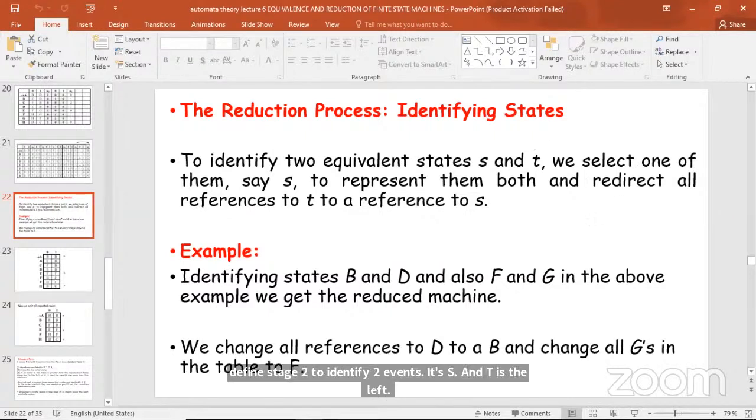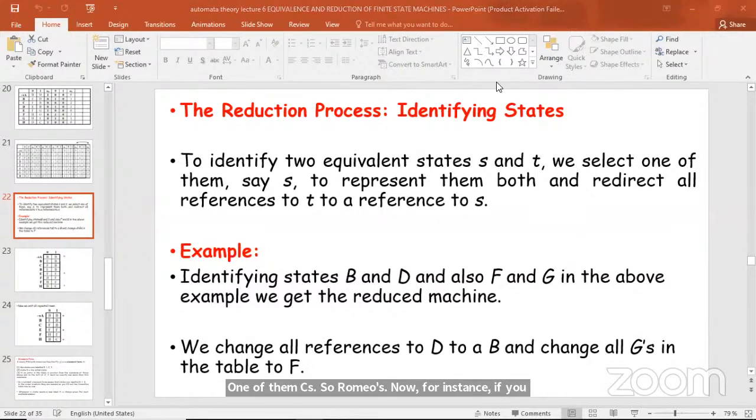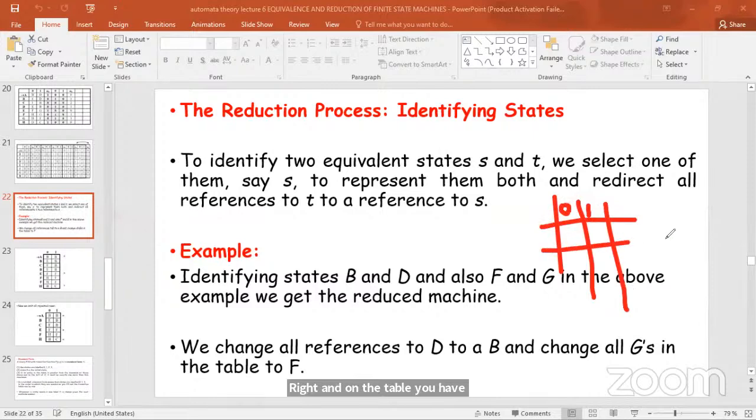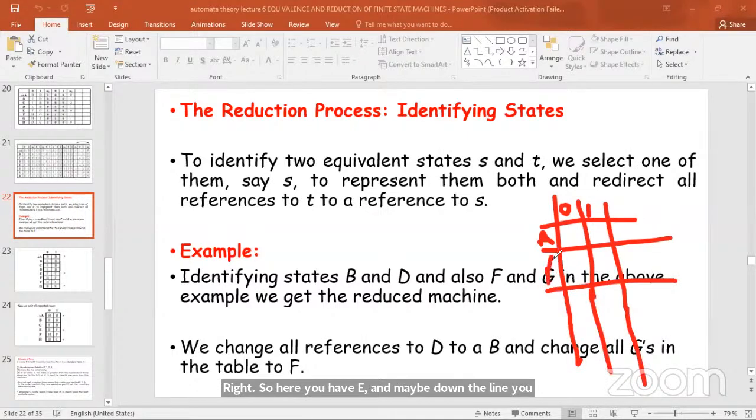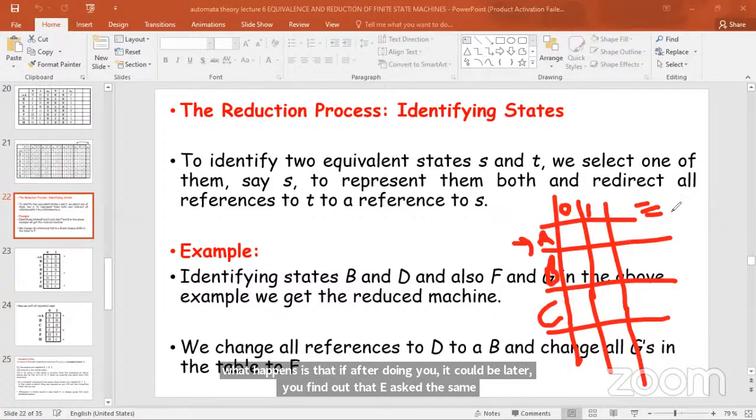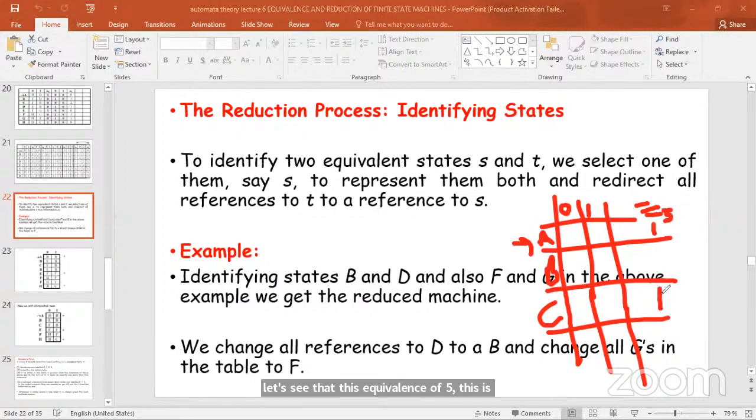To identify two equivalent states, S and T, we select one of them, say S, to represent them both. For instance, if you have a table with a set of inputs, here you have A, then down the line maybe B and C. If after doing your equivalence you find that A has the same equivalence, let's say this equivalence 5 is 1, and this is also 1, and this is 0, you see that A and C have the same equivalence.